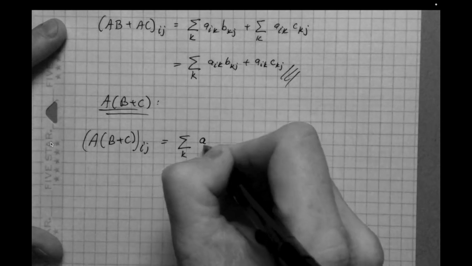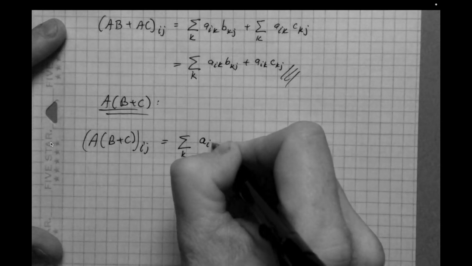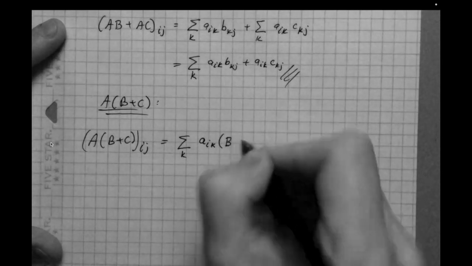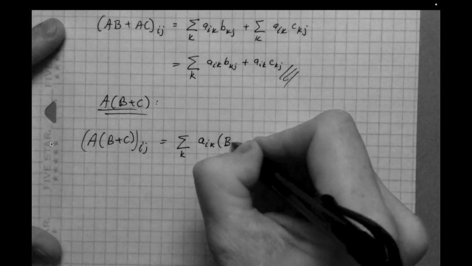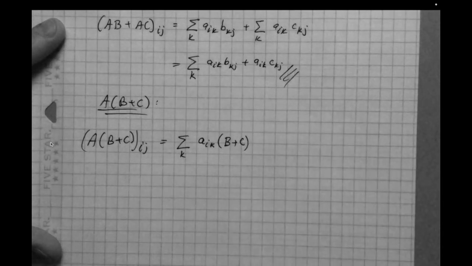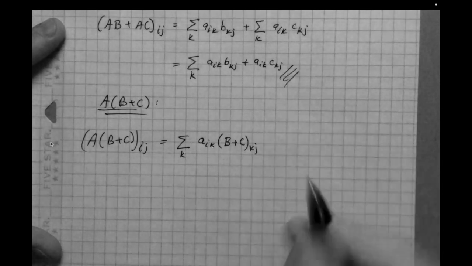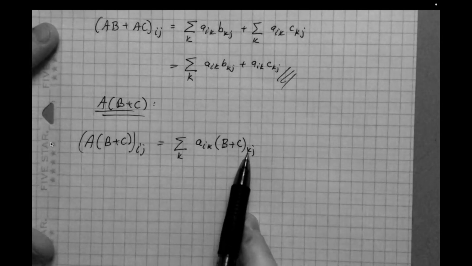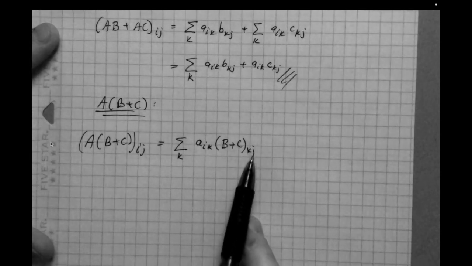Sum over K of A_ik times, now here we are dealing with a matrix B plus C. So B plus C is going to be the kj entry there, right? So we're going to range over all of the rows of the jth column.